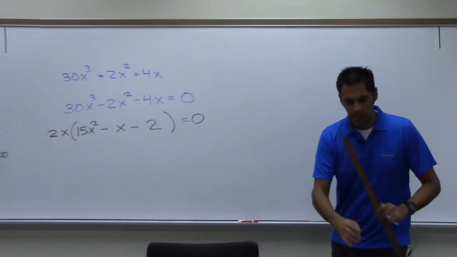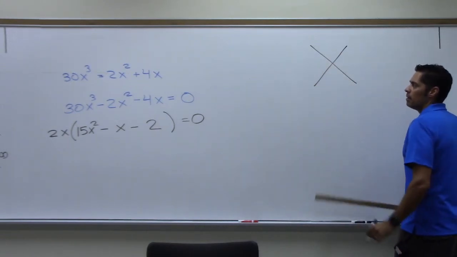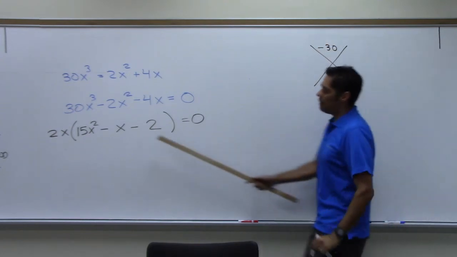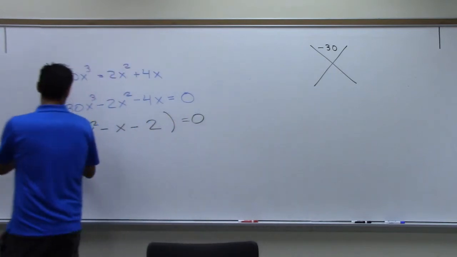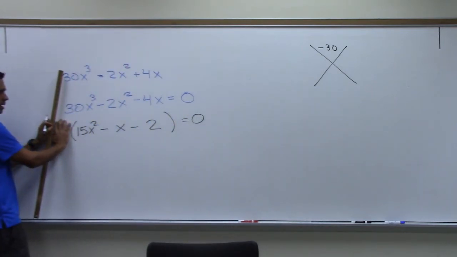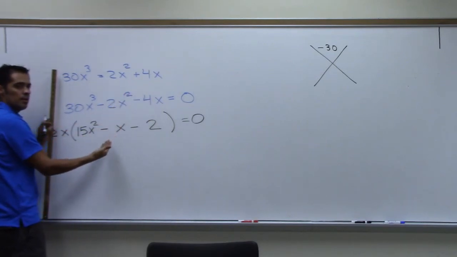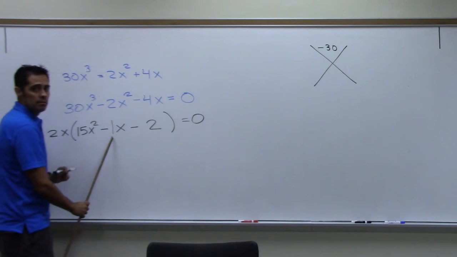What goes in that little thing here? Negative 30. We got that from doing the 15 times the negative 2. I'm ignoring this completely, and I'm working with just that. 15 times negative 2, negative 30. Number in the middle? Negative 1.